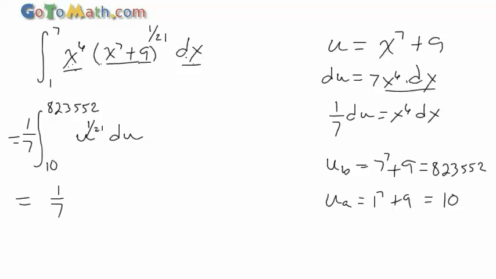Alright, so now we've got u, 21 plus 1 is 22 over 21, right? We're just adding 1 to the exponent, and then take that exponent, put it down below, and go from 10 to 823,552.